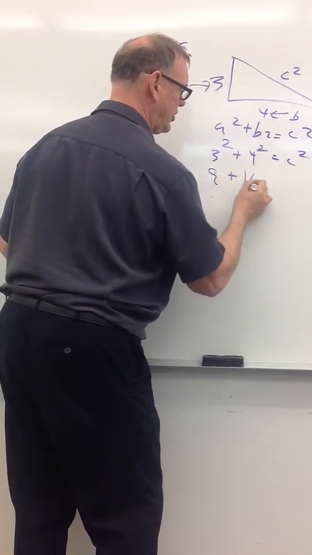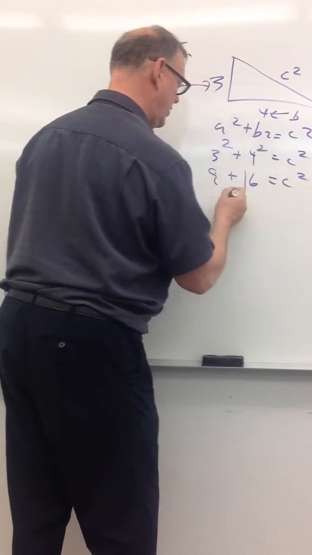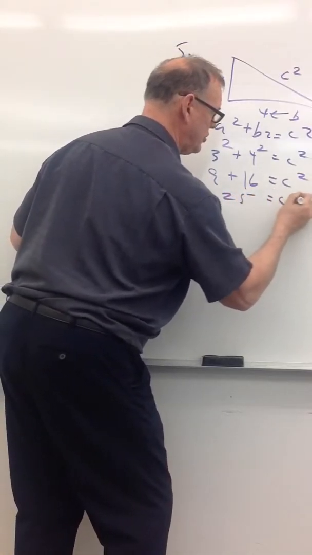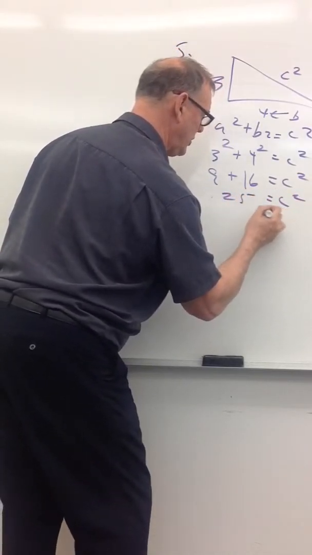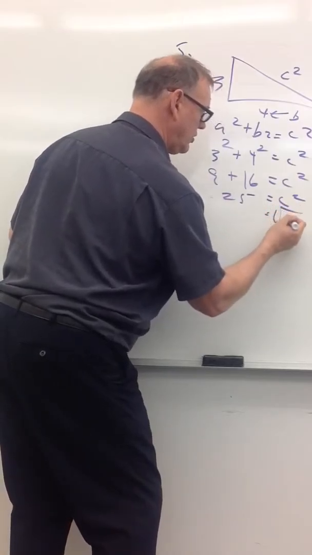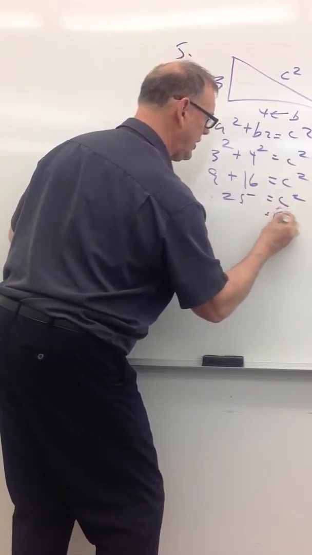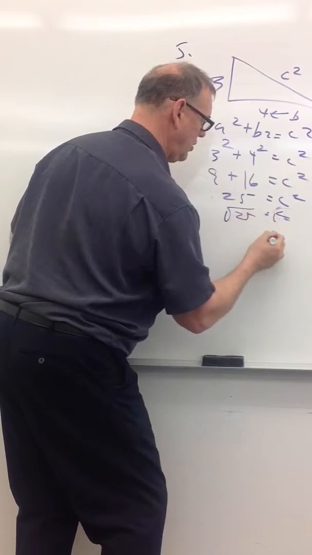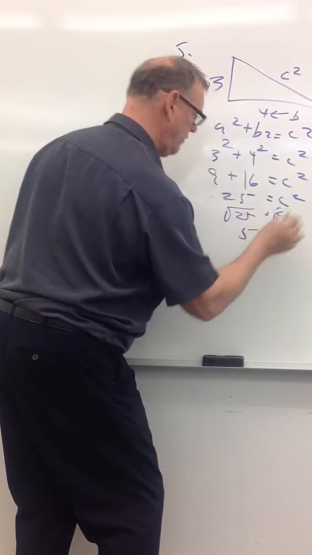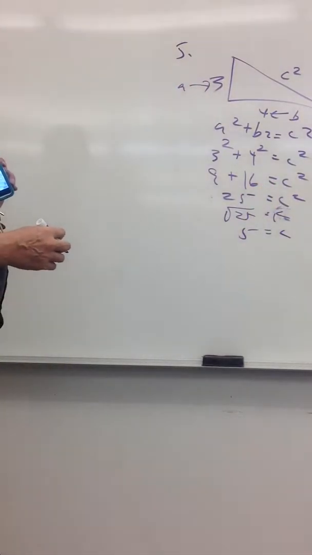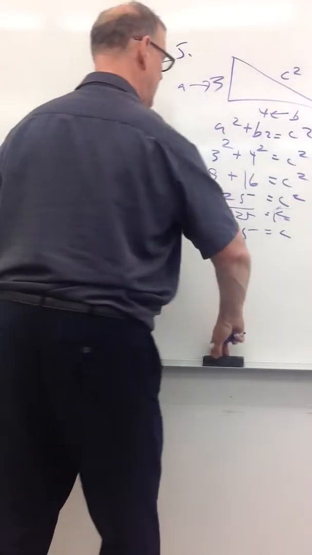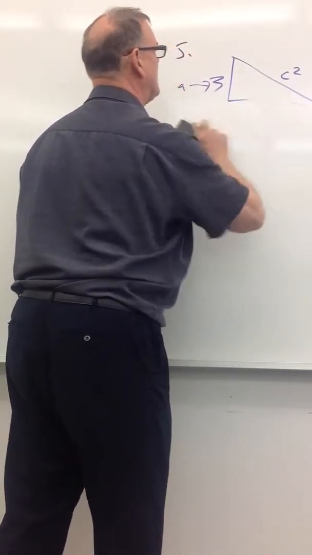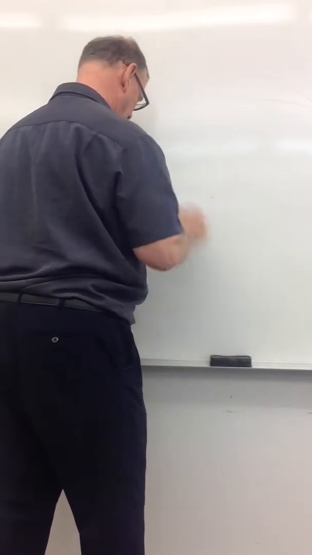What's 4 squared? 16, equals c squared. 25 equals c squared. What's c? It's the square root of 25. C is equal to 5. Yes? Okay. Good.